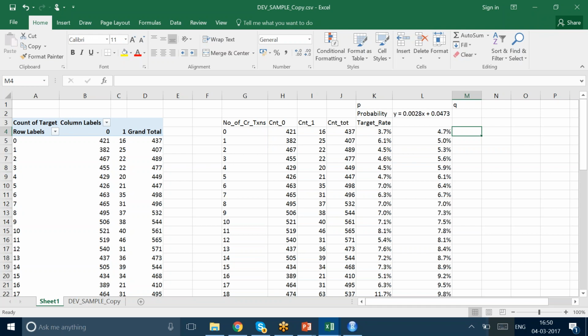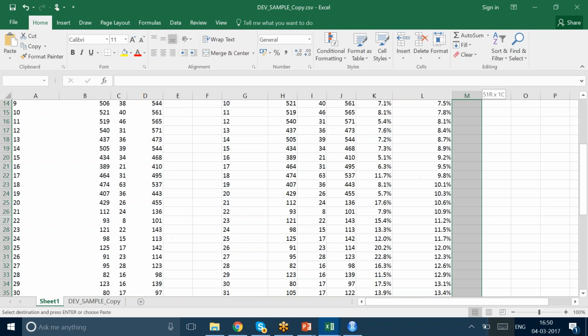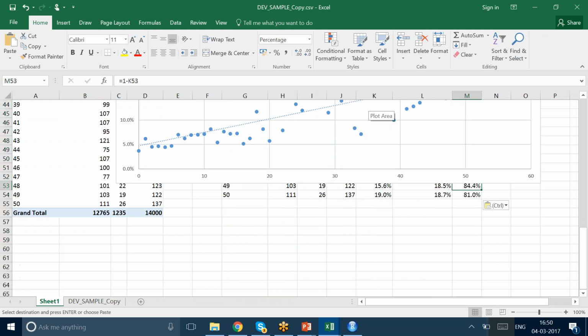Because probability of event occurring is 3.7, then probability of event not occurring is 1 minus 3.7, so equal to 1 minus P. So I can do 1 minus that everywhere, and that is what the probabilities I'll get.